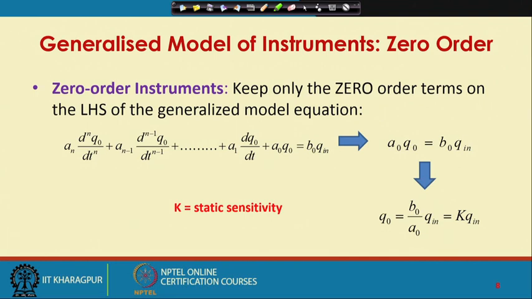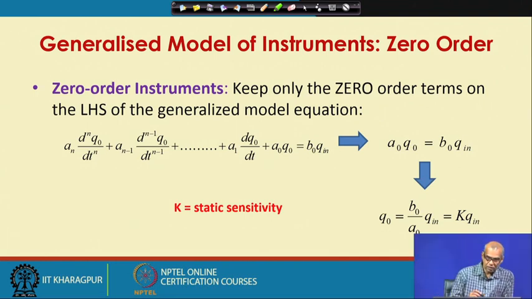Now, if an nth order differential equation represents any general instrument, I can say that a 0 order instrument will be represented by a 0 order differential equation with constant coefficients. A first order instrument will be represented by a first order ordinary differential equation with constant coefficients.